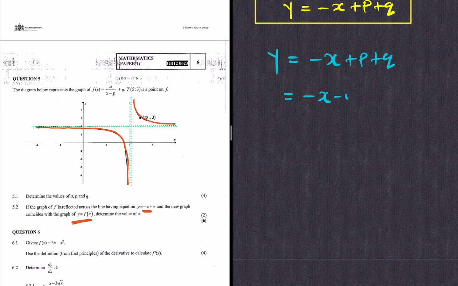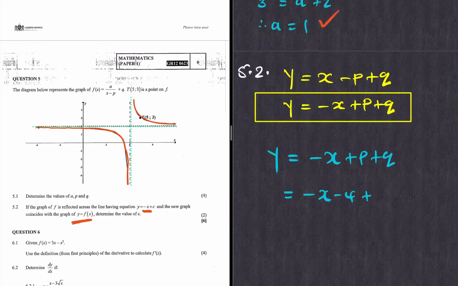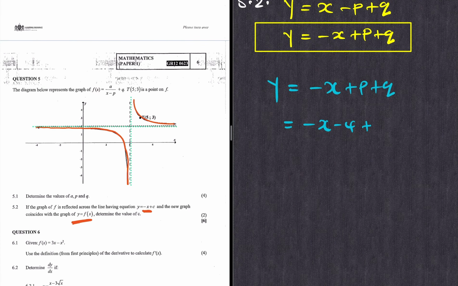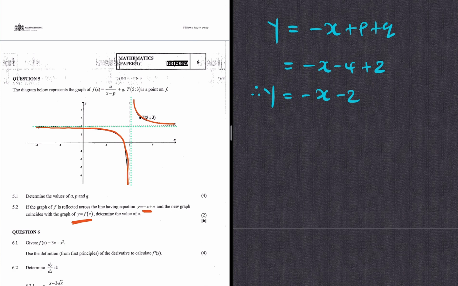So you will have a minus 4 plus q. Q was 2. So therefore, y equals negative x minus 2. They want the value of c, remember that? So you will then say that the value of c is equal to negative 2.